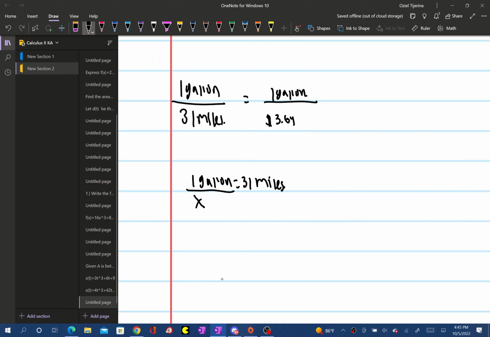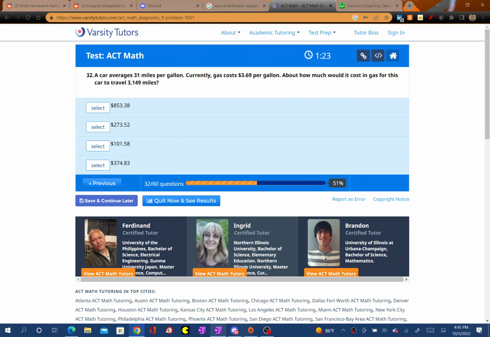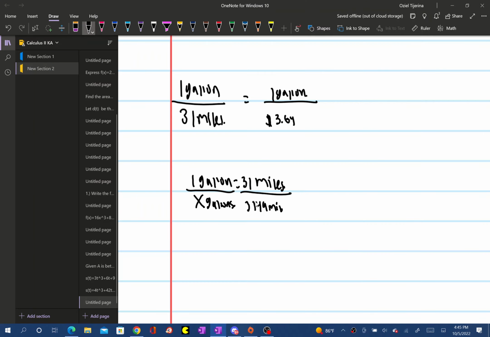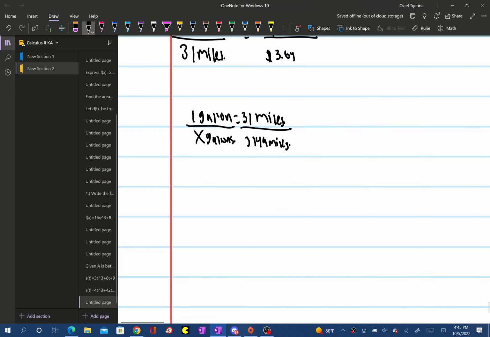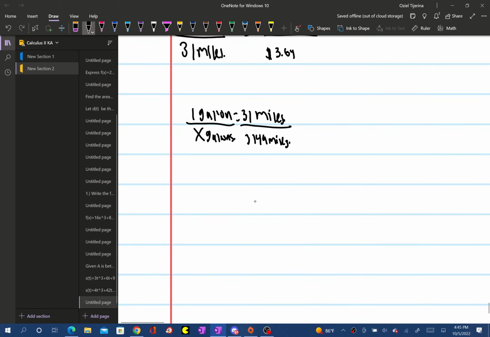How many gallons would 3,149 miles equal? So we can do cross multiplication, so we can say 31x equals 3,149. Divide both sides by 31.